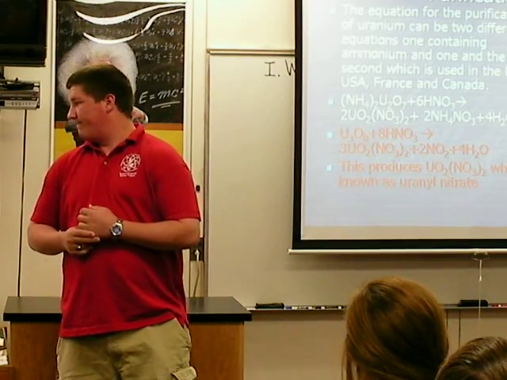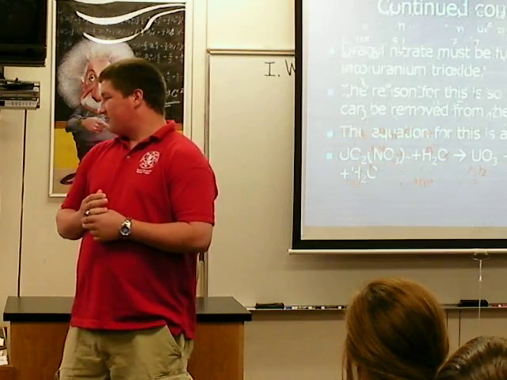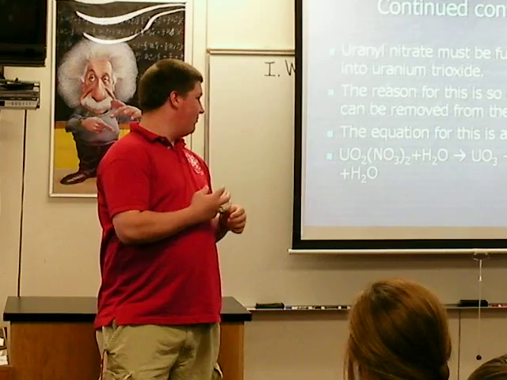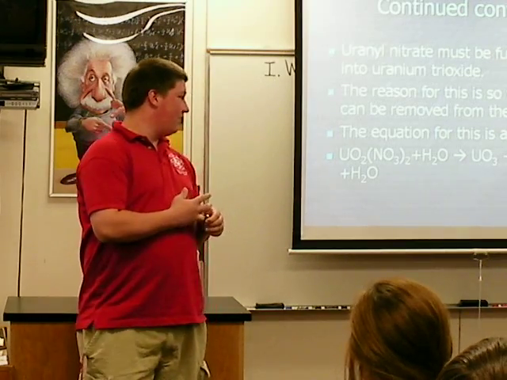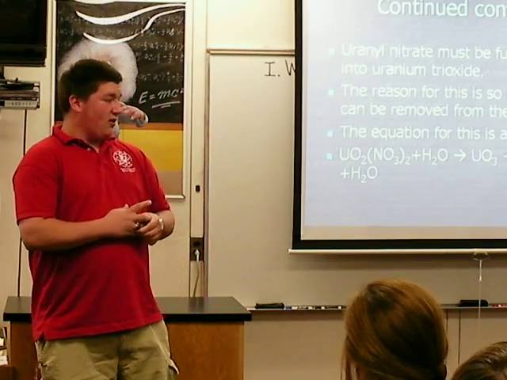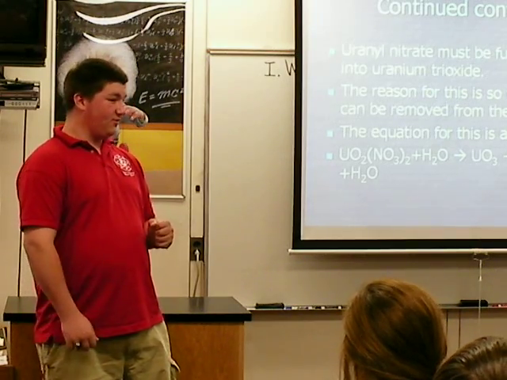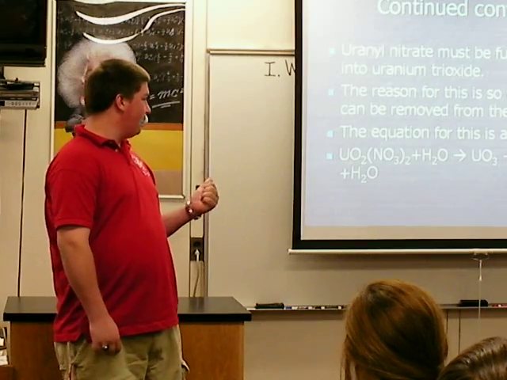We're going to be learning about equations here today. They have to continue to convert the uranyl nitrate into uranium trioxide. I'm not exactly sure why they stop at uranium trioxide in this equation. That I could not find.